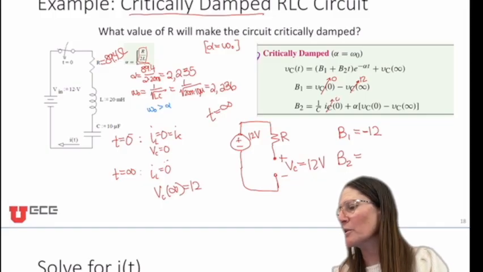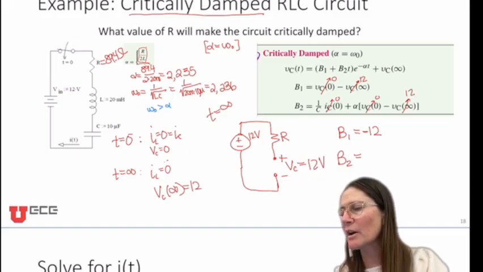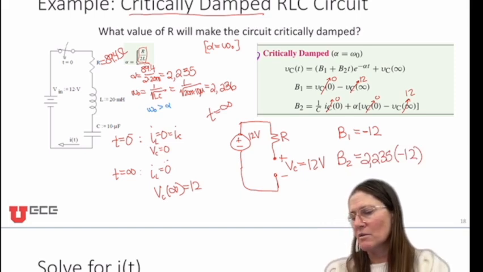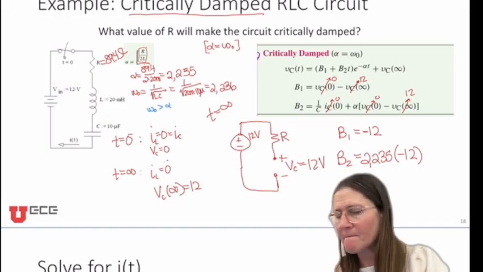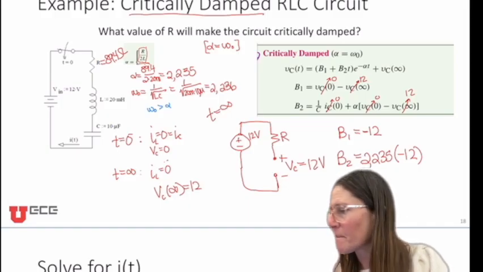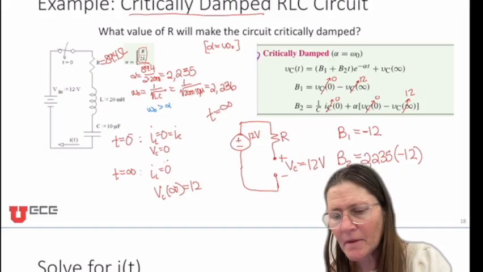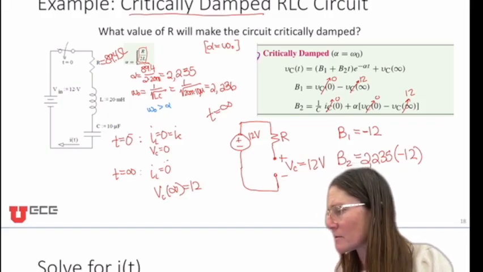So this will be 0, this will be 0, and this will be 12. So then it becomes alpha, which is 2235, times minus 12, which is 600. I get a minus.